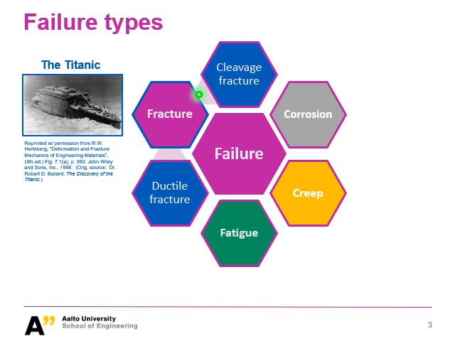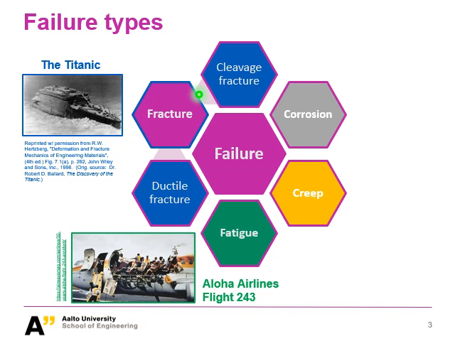That is a typical cleavage fracture or brittle fracture, because the steel fractured in the seawater, and that led to a significant catastrophe. So that is a typical fracture. And for fatigue, a very famous example is Aloha Airlines Flight 234.